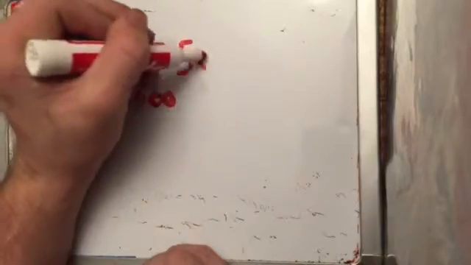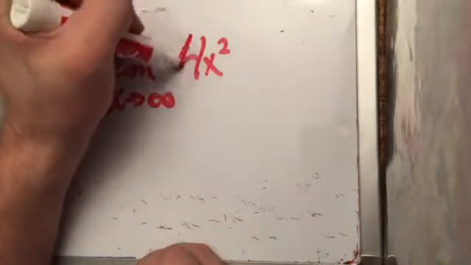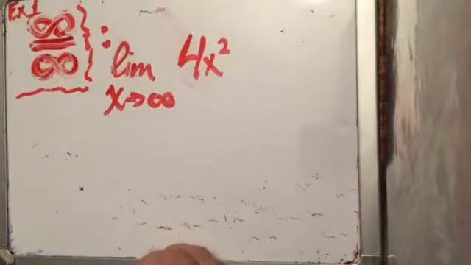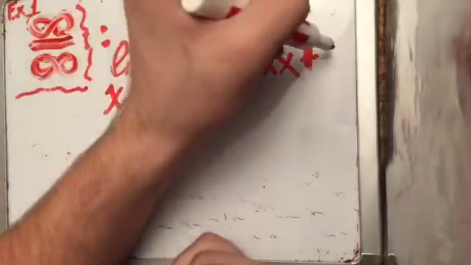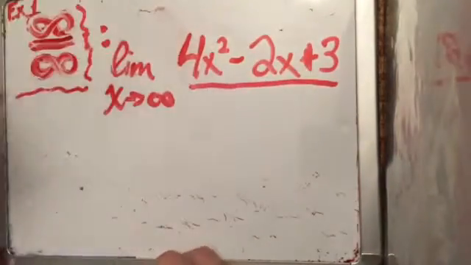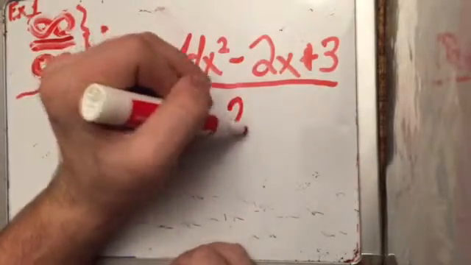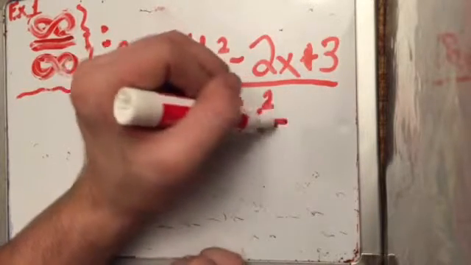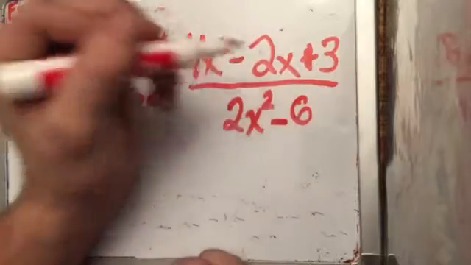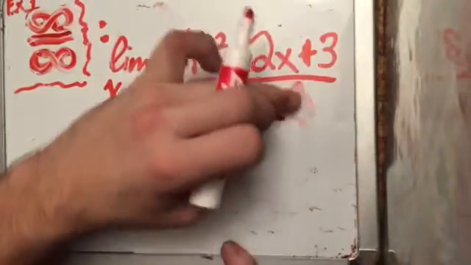The limit as x goes to infinity of 5x squared minus 4x squared minus 2x plus 3 over 2x squared minus 7.